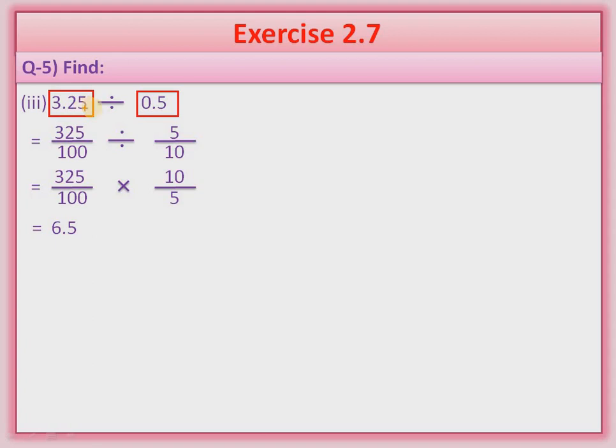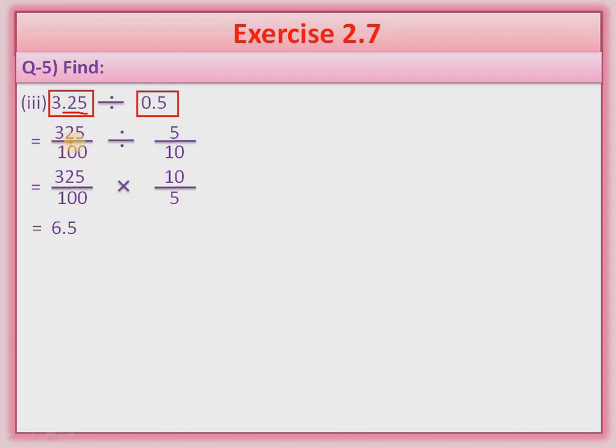Before doing any calculation, we will first convert the decimal numbers into simple fractions, right? After the point, how many total digits? 1 and 2. So 325 upon 100.